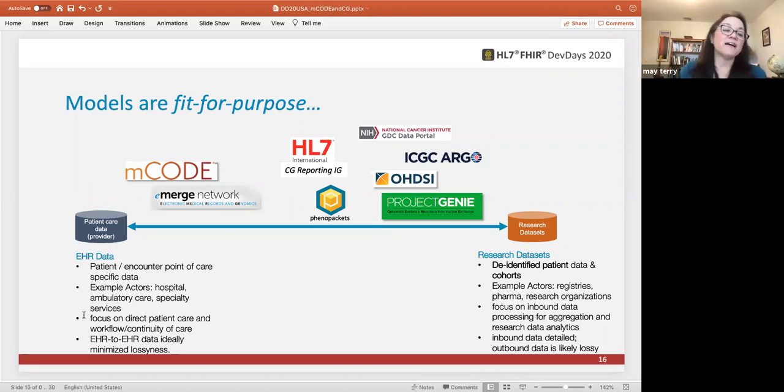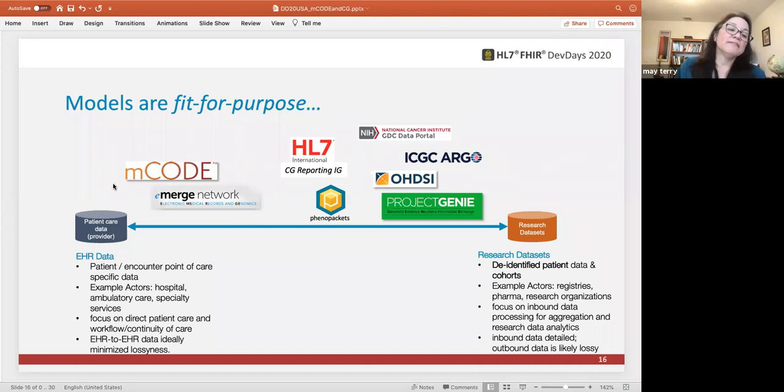But what I found in looking at these, whenever I get asked, well, how does mCODE fit with XYZ model? What you'll find is that you can see them in some respects like the way they sit on a spectrum, where some are very much attuned to provider-based use cases, and others which really go in the form of research data sets.